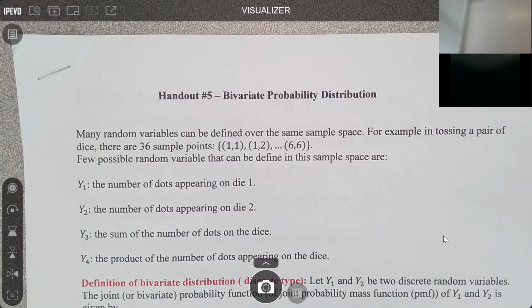Right? That's what it is. Now let's say for this one here, it says the probability that y1 takes the value 4 and y2 takes the value 2.